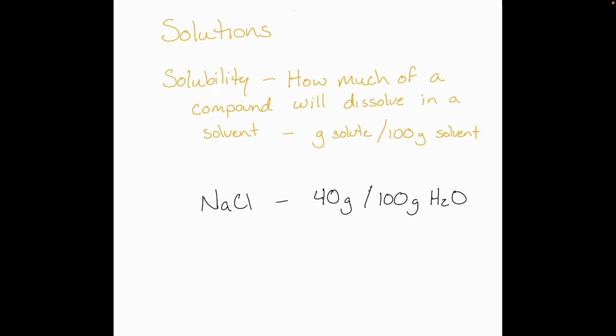That means that you could get a maximum of 40 grams of sodium chloride to dissolve into 100 grams of water. 41 grams, can't get that. You're going to have 1 gram of solid left over. That's what solubility means.